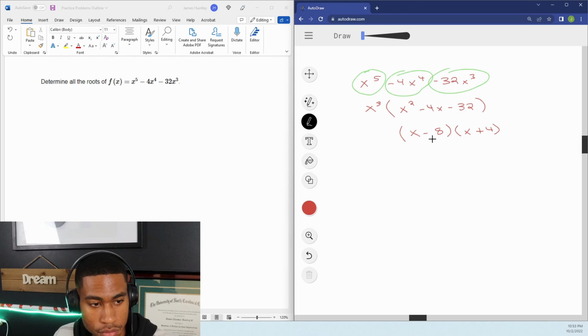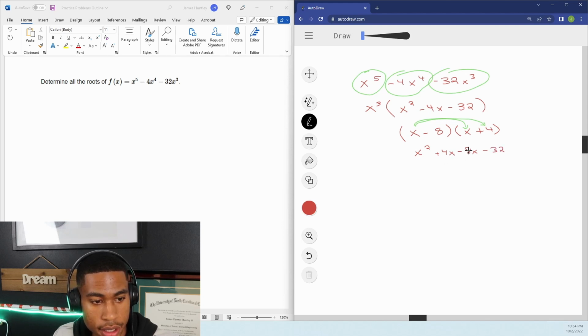So if I work that backwards, if I distribute that to these and that to that, I know I would get x squared, plus 4x, and then if I distribute my -8, I get -8x, and then I know I'll get a -32.